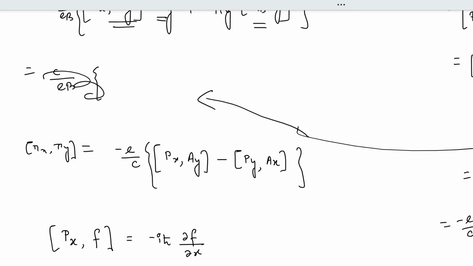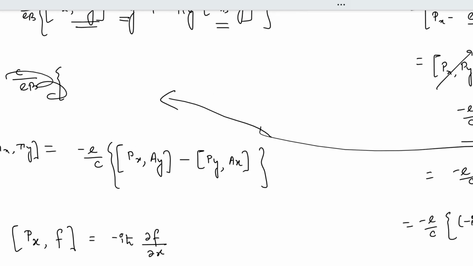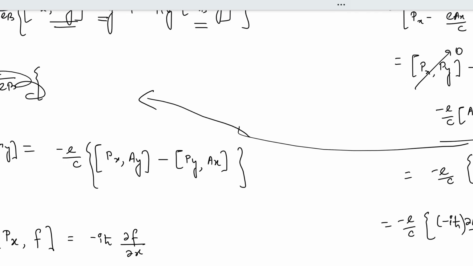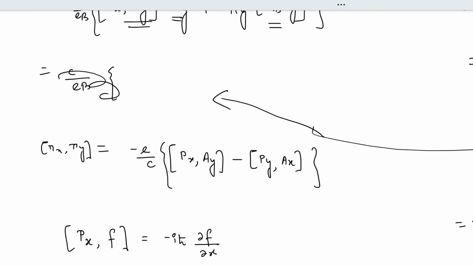So just like that, you will be having minus e by c, minus i h cut del Ay del x minus and minus plus i h cut del Ax del y.